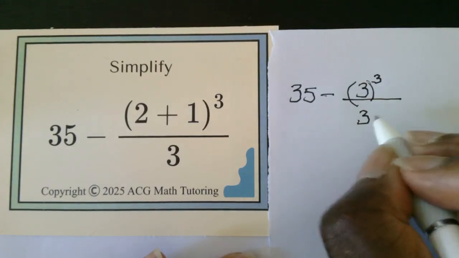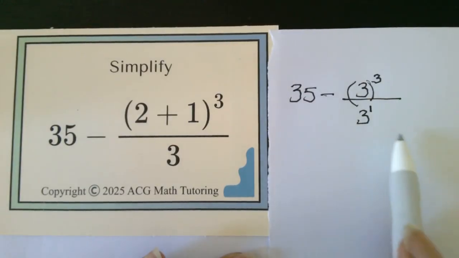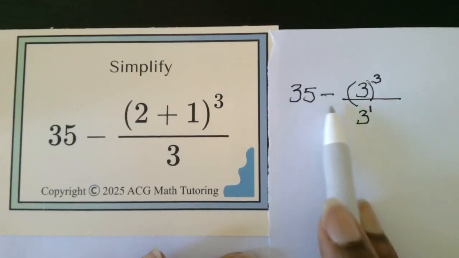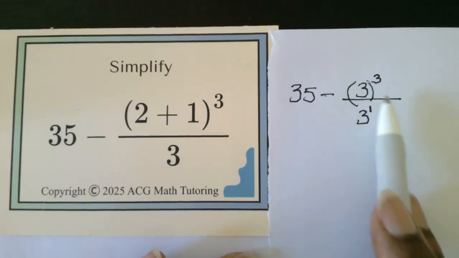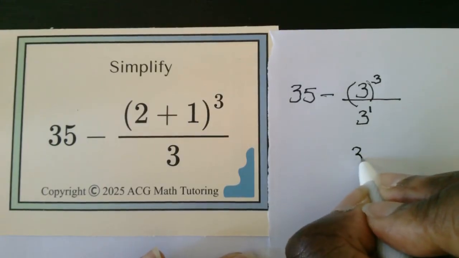So this 3, every time it's a whole number, actually has an exponent of 1. So since they have the same base and I'm dividing, that means I can subtract my exponents, right? So 3 minus 1 gives me 2.